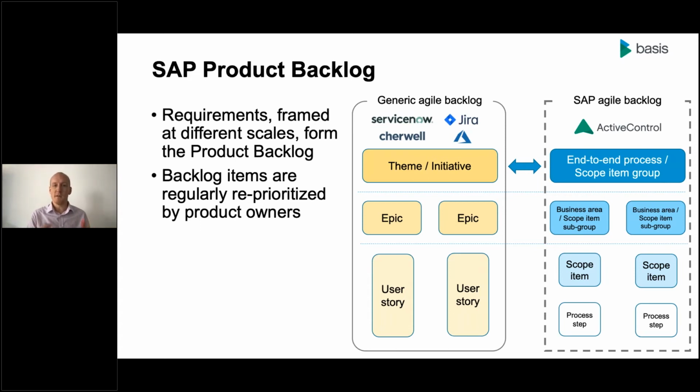And we can map this to SAP through things like, SAP have done this themselves in some of their materials. So if you look at the best practices for S/4HANA, you'll see the scope item, for example, of sales maps to a theme. And then we've got things like scope item subgroups like order and contract management we can consider our epic. And then we get down into scope items and key process steps or key process flows.